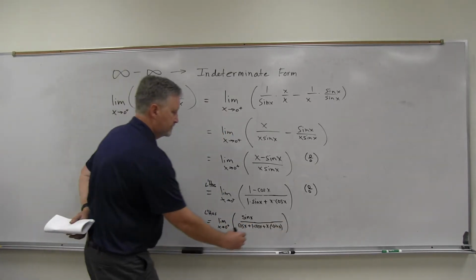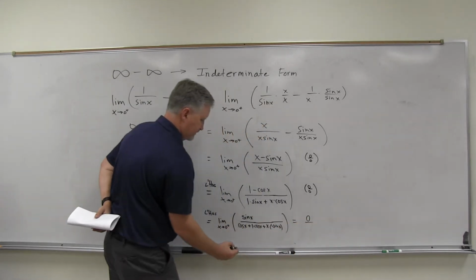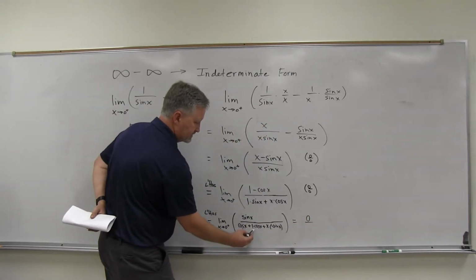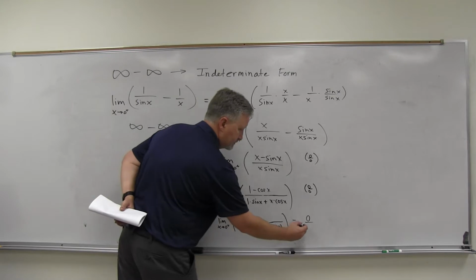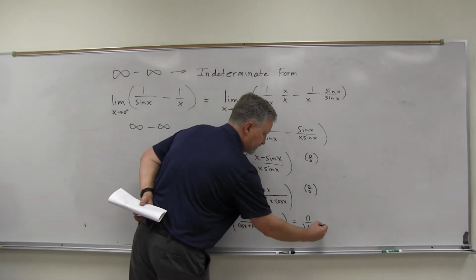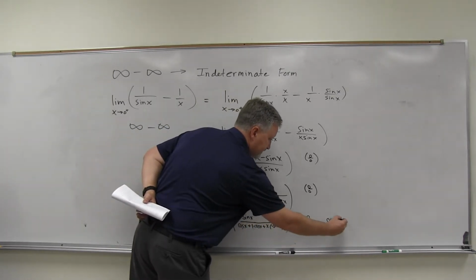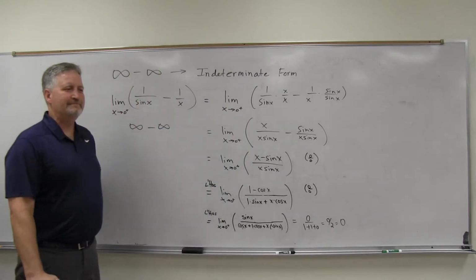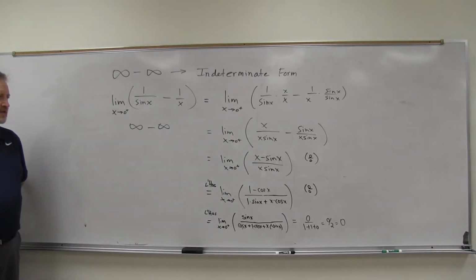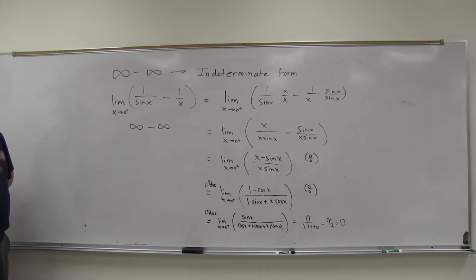I think we're good. Top goes to 0, but what does the bottom go to? 1 plus 1 plus 0. 0 over 2. That's not indeterminate, is it? So it's just what you thought. Infinity minus infinity is 0. Might not always be the case, but in that case it was.